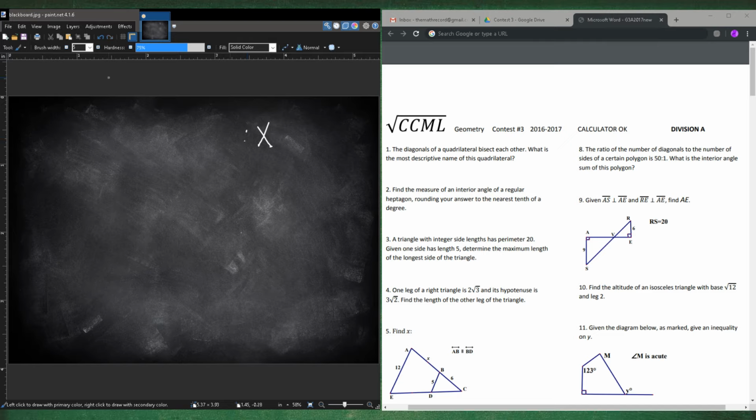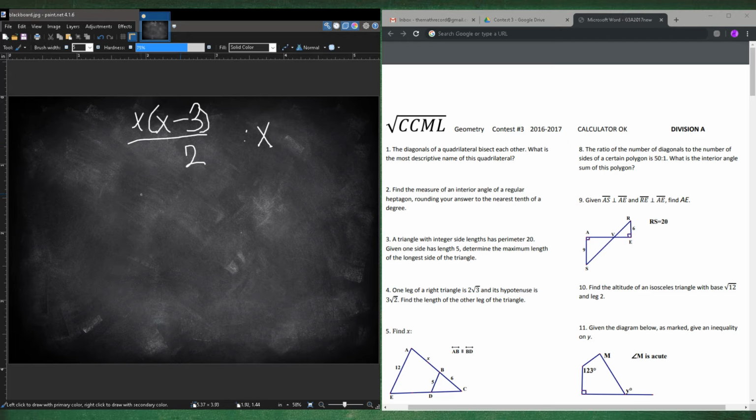And for the diagonals, remember the formula, it's not the angles formula, it's the diagonals. The diagonal formula is x, the number of sides, times (x minus 3) divided by 2. And that goes by 50 to 1.